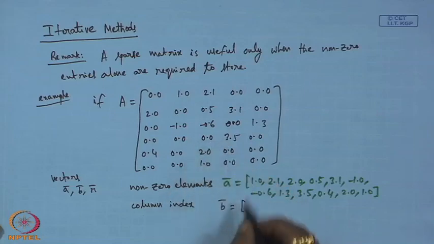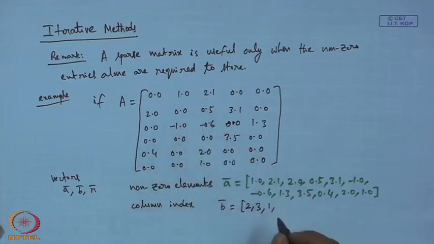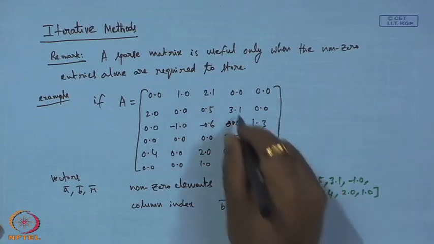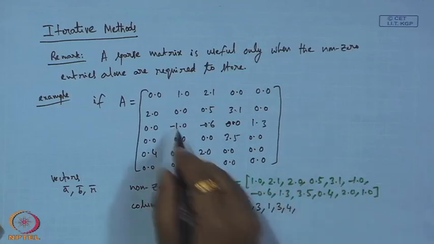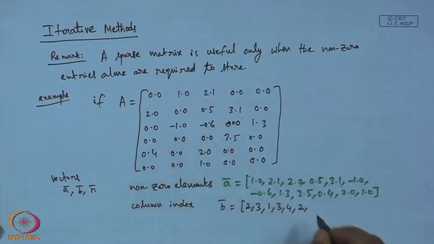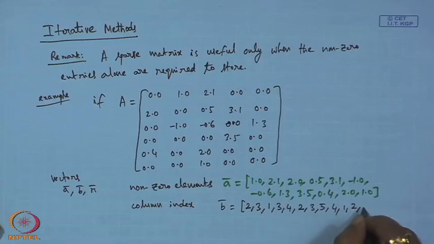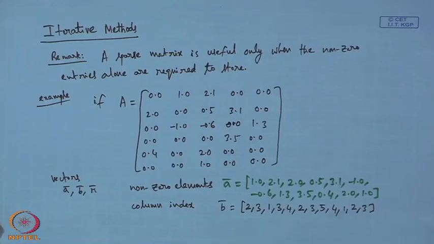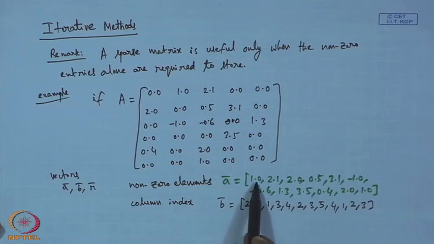So, we just list 2, 3, 1, 3, 4, 2, 3, 5, 4, 1, 2, 3. So, for each non-zero element, this is the index of its corresponding column.